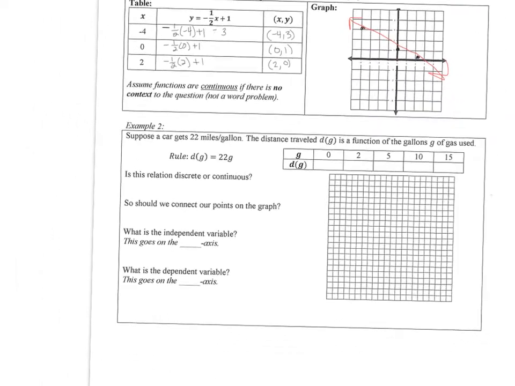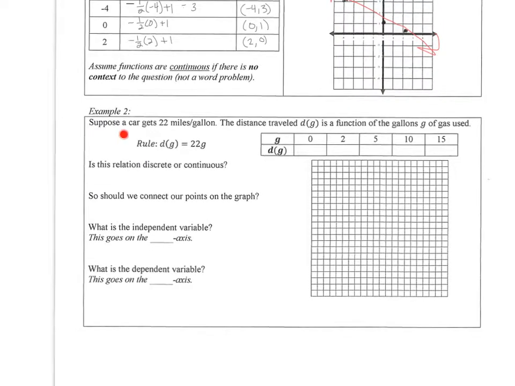So example 2. Suppose a car gets 22 miles to the gallon. The distance traveled d of g is a function of the gallons of gas used. So here's your function rule. d of g equals 22 times g. So is this relation discrete or continuous?